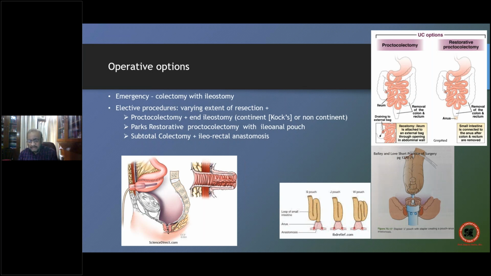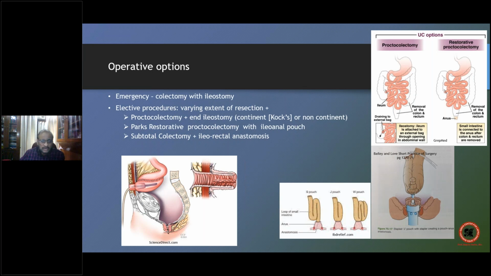You remove the partial bowel and do a colocolic anastomosis. I remove part of the colon, anastomose the remaining part of the colon, and that's the end of the story. But the problem comes when I have to remove the whole of the colon. If I am doing a total colectomy along with the rectum, say the whole colon is involved and the rectum is involved, that means pancolitis along with proctitis, a total colectomy or a proctocolectomy is done.